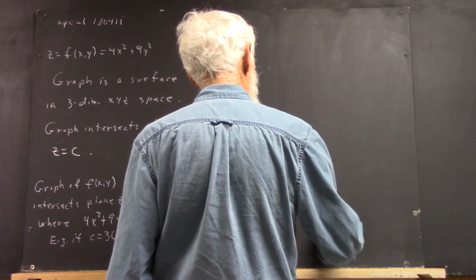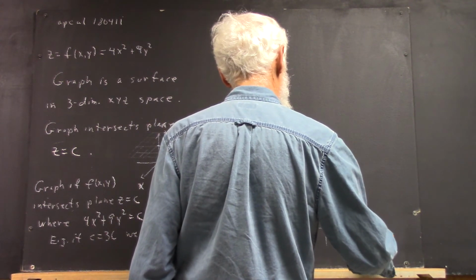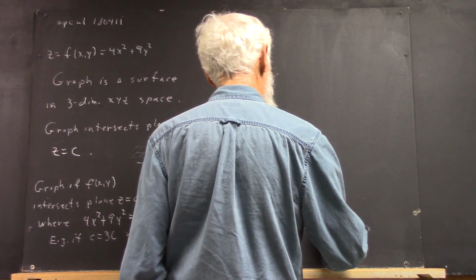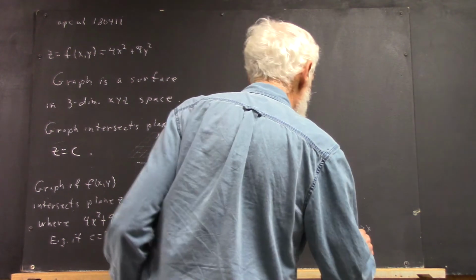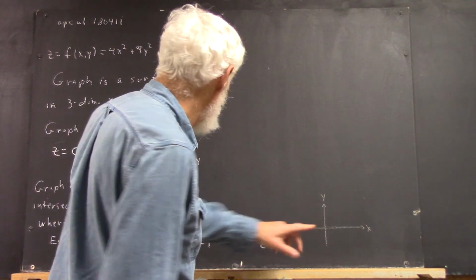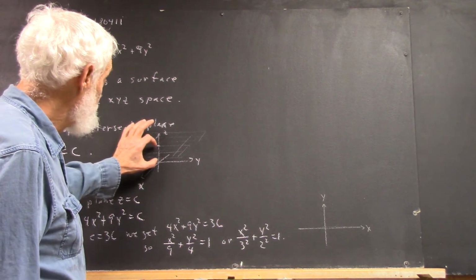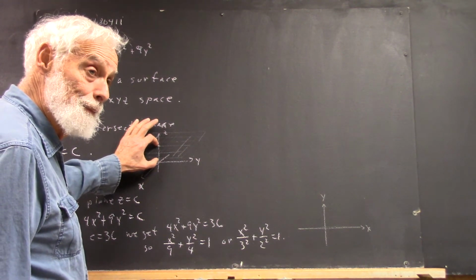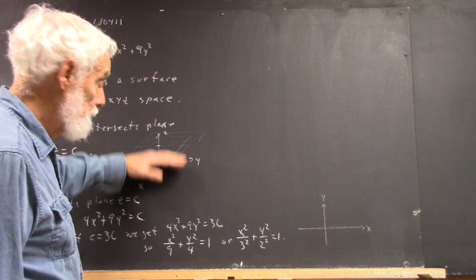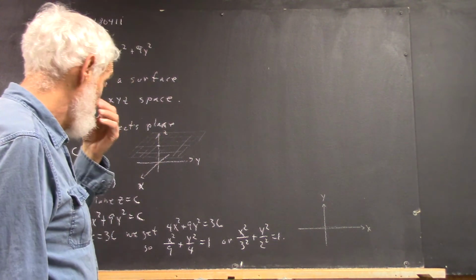So we can sketch this ellipse in an xy plane. Now this is not the xy plane of this graph, because this is what it's going to look like in the z equals 36 plane. So if this distance here is 36, then this plane is the plane z equals 36, right? Okay?